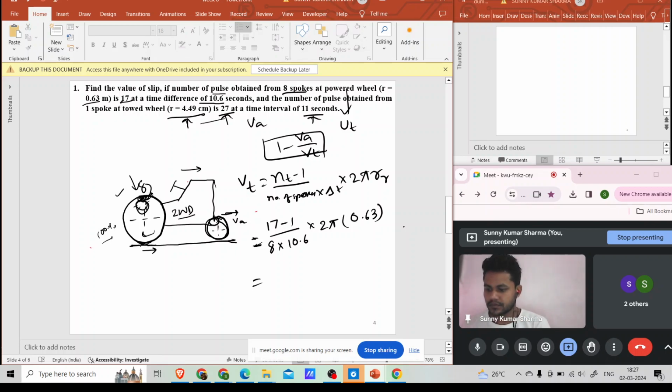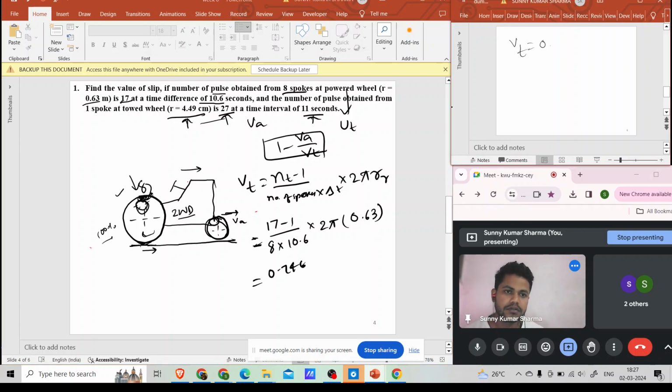Zero point 746, sir. Yes, 0.746. So theoretical velocity is coming 0.746 meters per second.